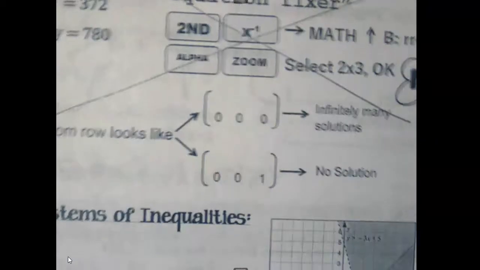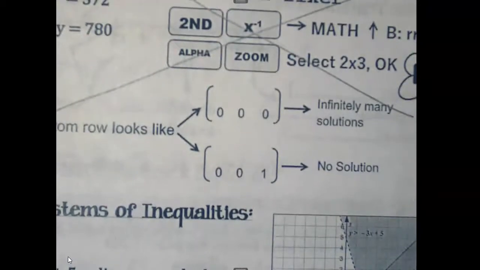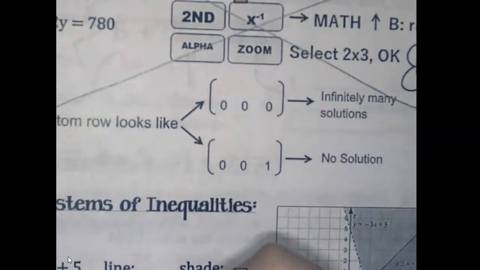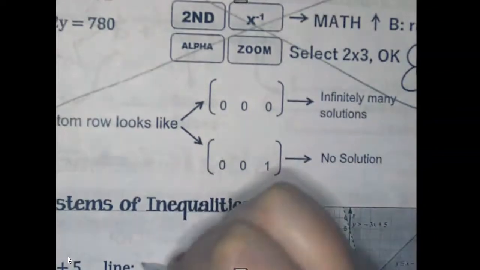Solving systems of inequalities. So we also did inequalities here. We need to remember that if it's a less than or greater than, it's going to be a dotted line. This one has the y's greater, so we're going to shade above.